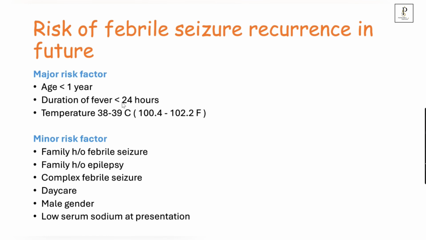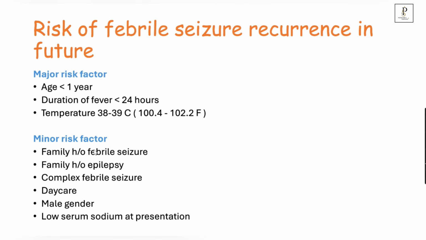If the duration of fever is short, and within 24 hours of fever the child had a seizure, then chances of febrile seizure recurrence are more in future. If temperature is between 38 to 39 degrees Celsius, that is between 100.4 to 102.2 degrees Fahrenheit, that is low temperature. If at low temperature a child develops febrile seizure, it means more chances are there that in future the child will have recurrence.